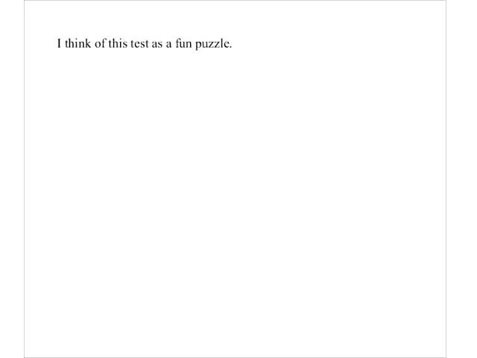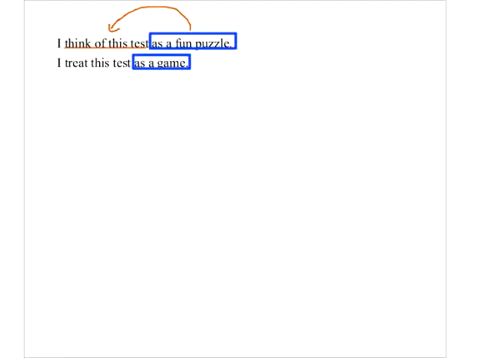I treat this test as a game. So I mean, these are both describing not the test itself so much as the way I think about it or the way I treat it. So this is not just describing the test, this is describing this action, and this is describing this action.